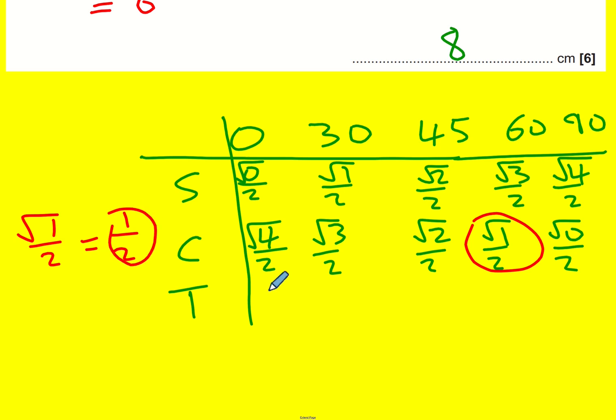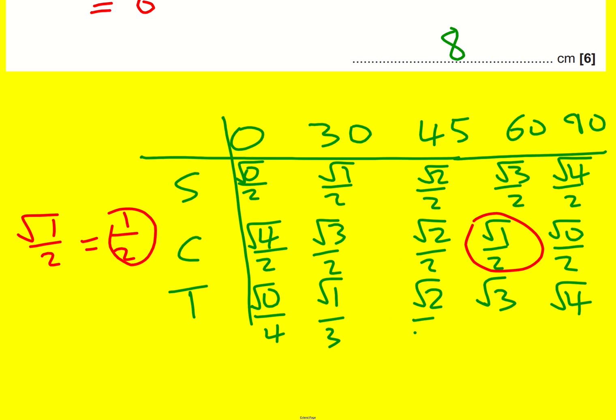Finally, just for tan, we do similar. We do 0, 1, 2, 3, 4, and then we square root them. And then we divide by 4, 3, 2, 1, 0, each square rooted. So that will give you your values.